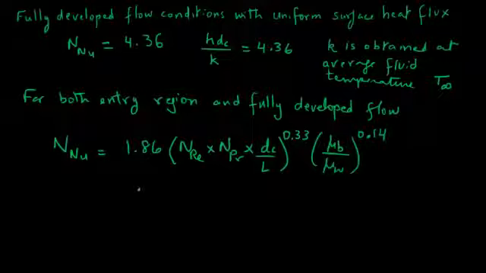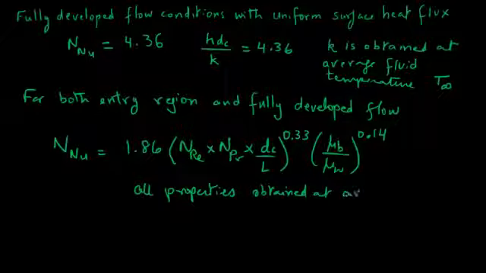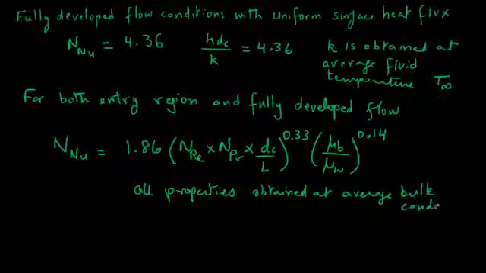Now in this case, L is the length of the pipe, dc is again the characteristic dimension, which is the inside diameter, and all the physical properties, including the mu b, where mu b is the bulk viscosity, all these properties are obtained at the average fluid temperature, and we call it T infinity.